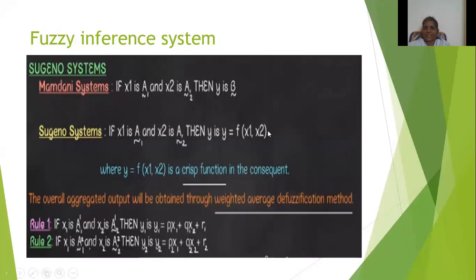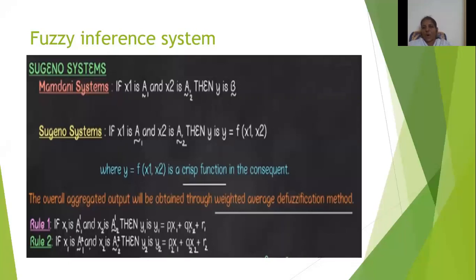The consequent is written as a function of the 2 fuzzy inputs. Okay, here the pattern of writing your rule. The consequent is a function of the fuzzy inputs.